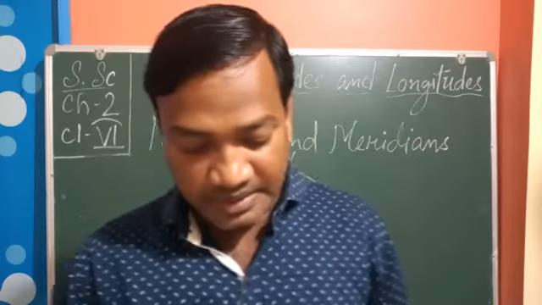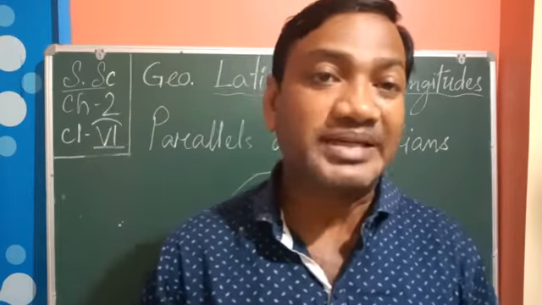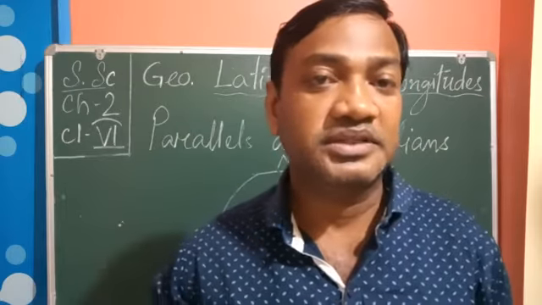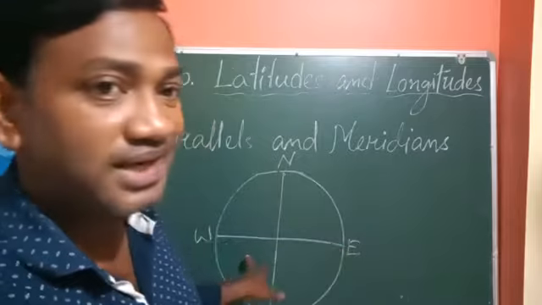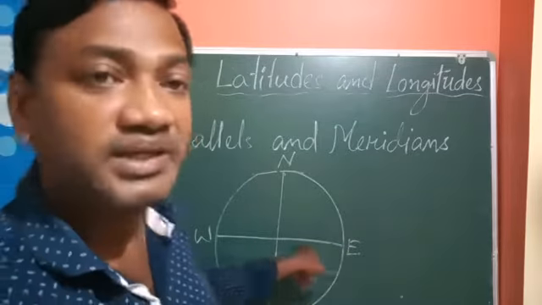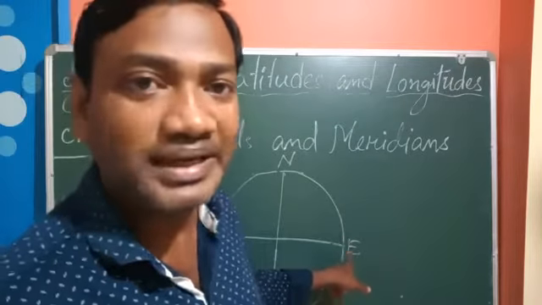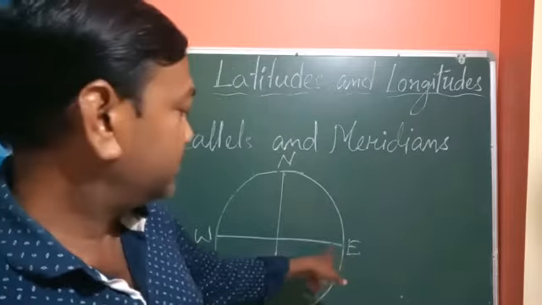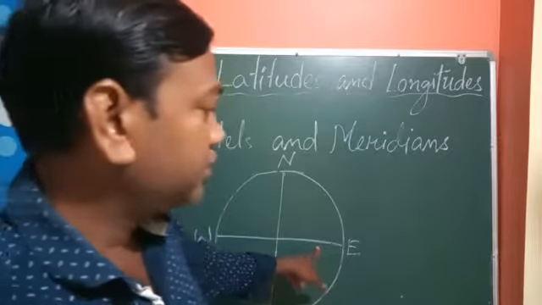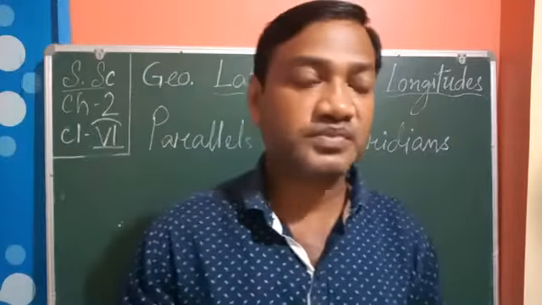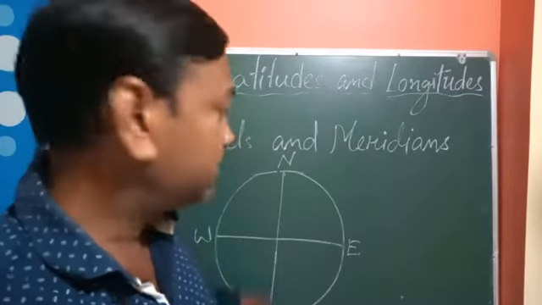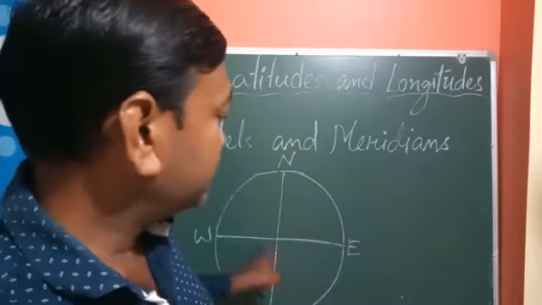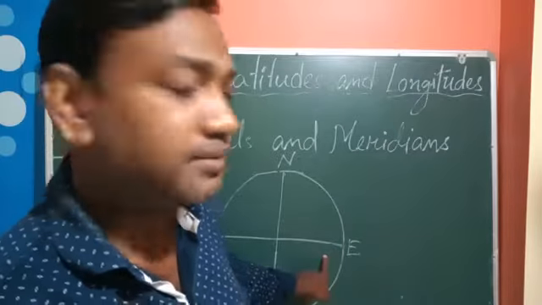Okay, and if the measurement is taken, then at the middle is the equator, and the equator is 44 kilometers more from the North Pole and South Pole. So if we measure these two points and these two points, it is not equal.